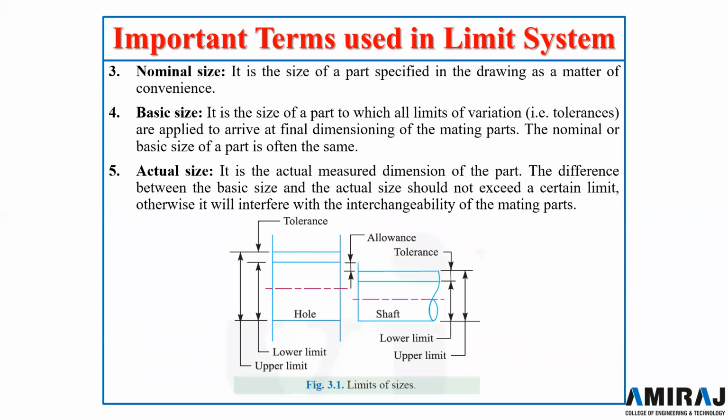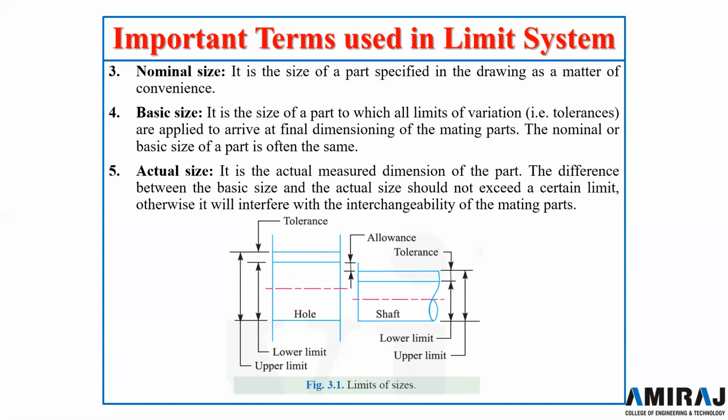Next, nominal size. It is the size of a part specified in the drawing as a matter of convenience. जो ड्राइंग के अंदर जो हम साइज इंडिकेट करते हैं, that is called the nominal size. Then there is the basic size.